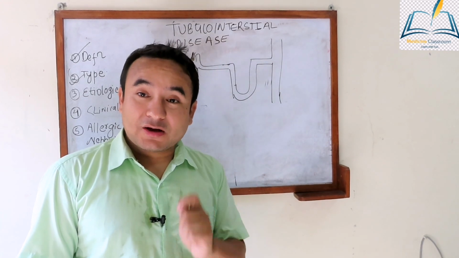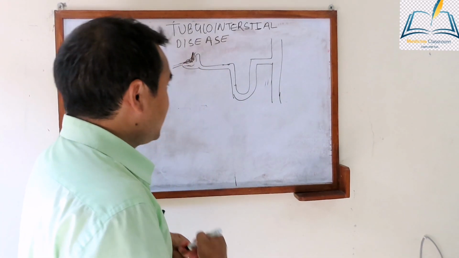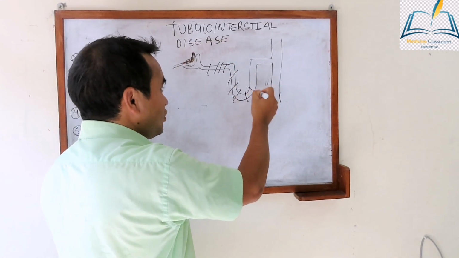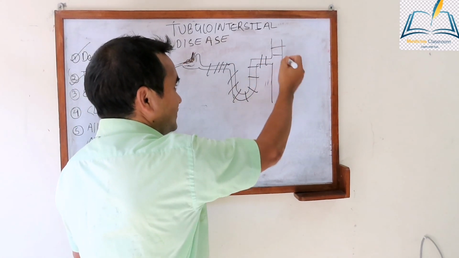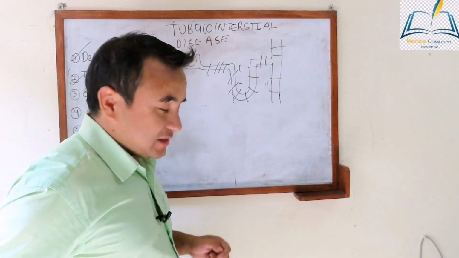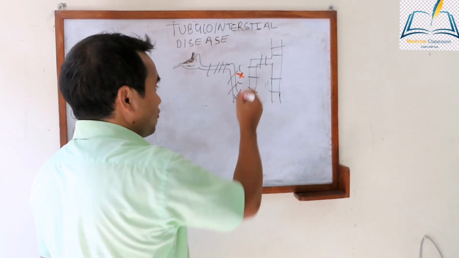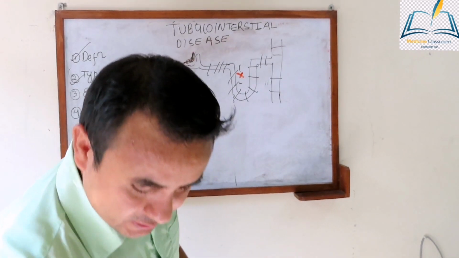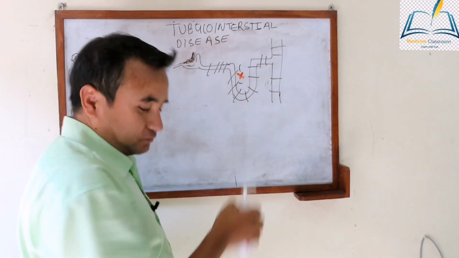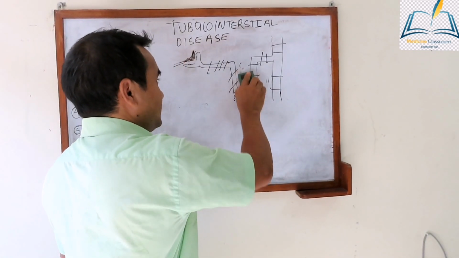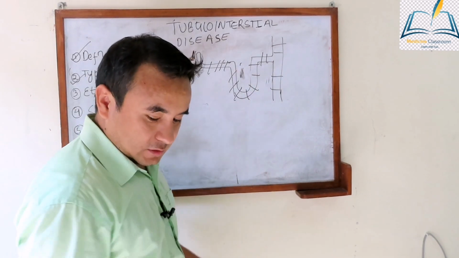Tubulointerstitial disease is that condition where there is involvement of this area, that is tubules, and this area, this is interstitium, this area, this is interstitium.